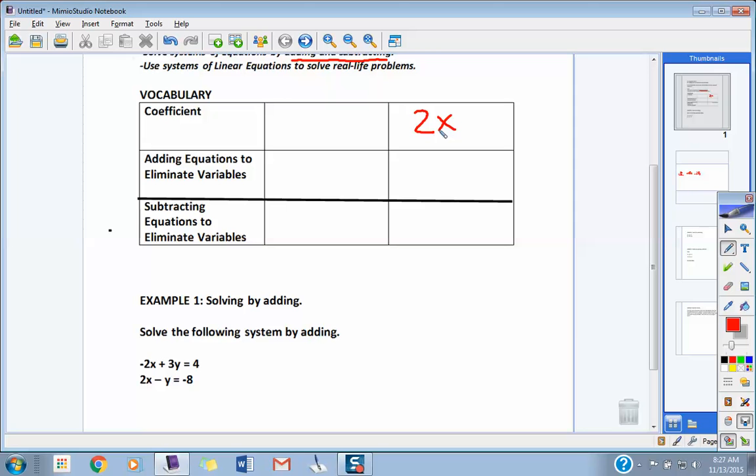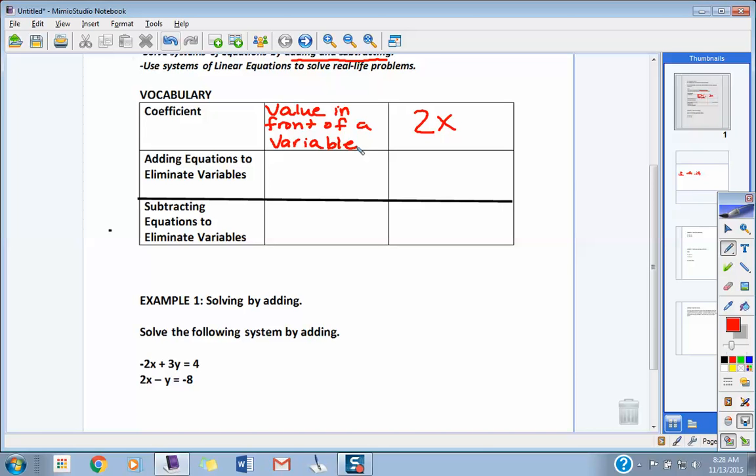It's a value in front of a variable right there. Okay, so in the example 2x, what's my coefficient again, kiddos? 2. Okay. I'm going to go back up to the goals once you have that written down.